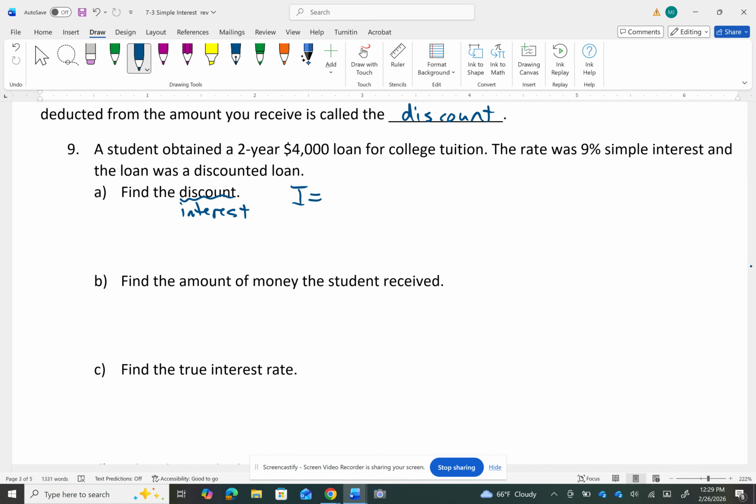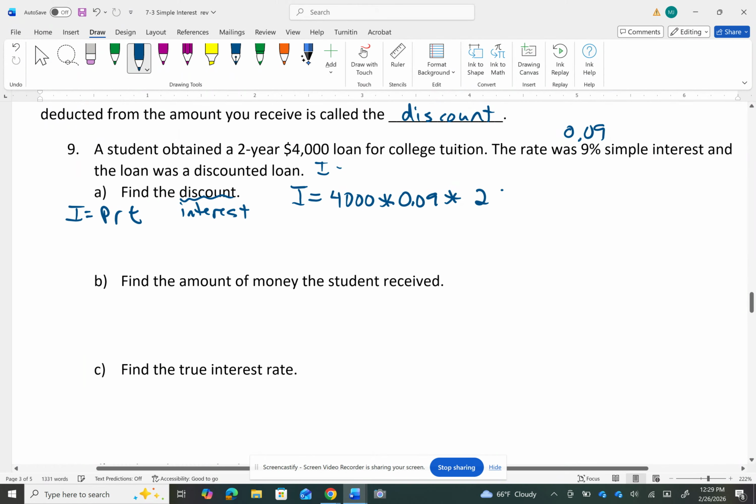So we're going to use the I equals PRT formula. The interest would equal 4,000 times the rate, 9% is 0.09, times the time. That turns out to be $720.